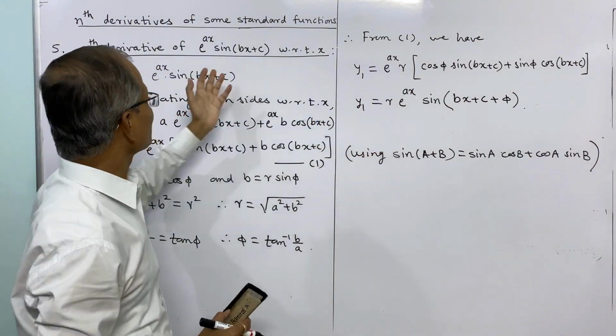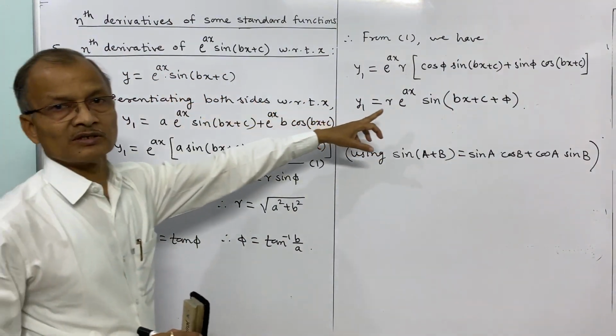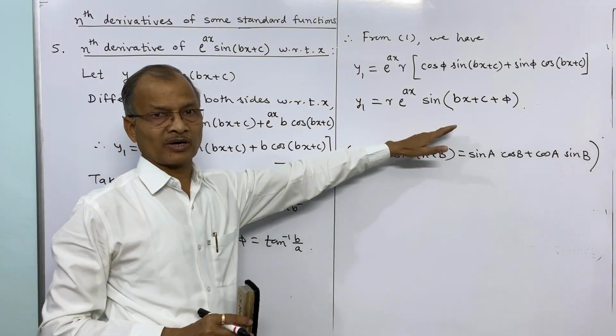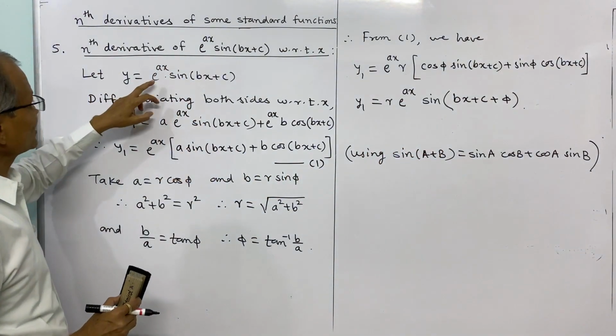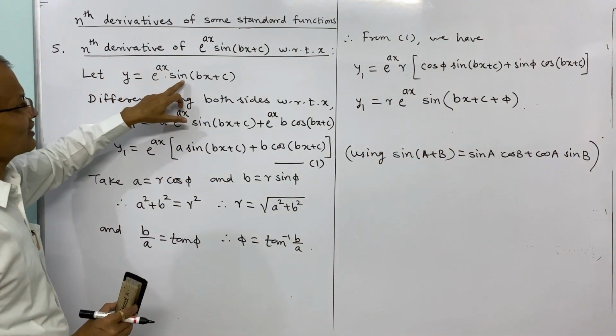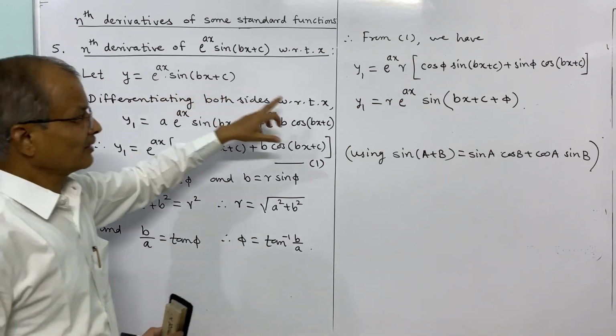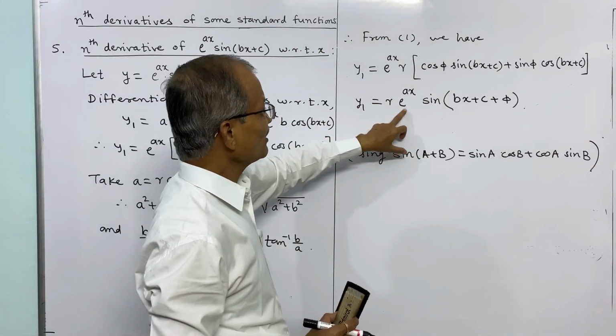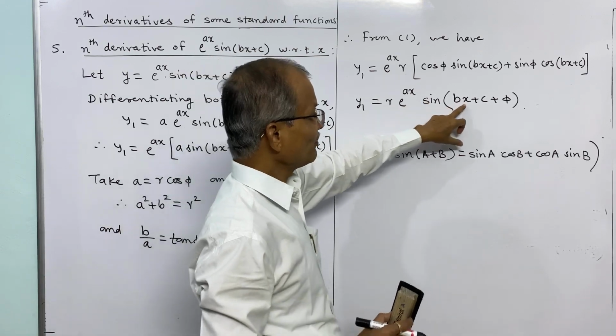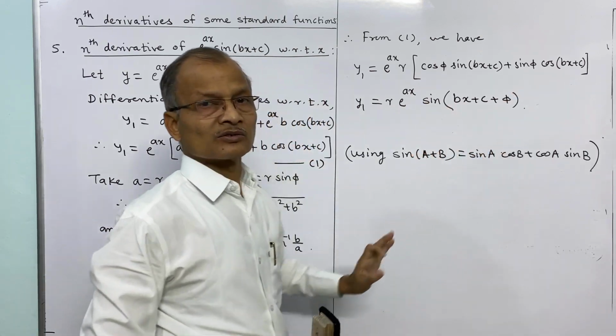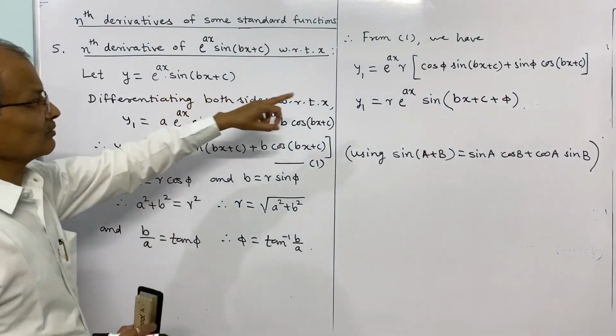Now we again observe the original function and how its derivative becomes. The original function is y equals e to the power ax sin of bx plus c, and the first derivative is r e to the power ax sin of bx plus c plus phi. What are the changes in the first derivative?